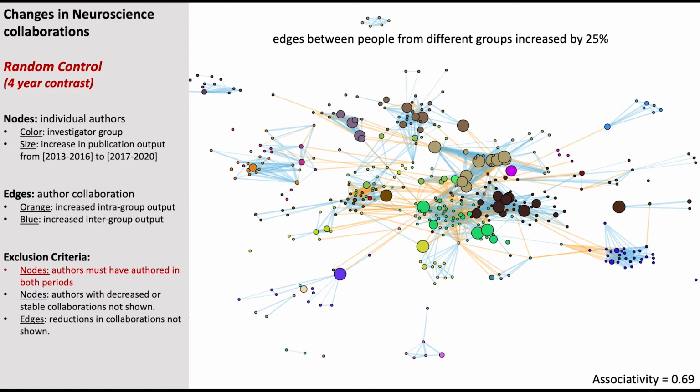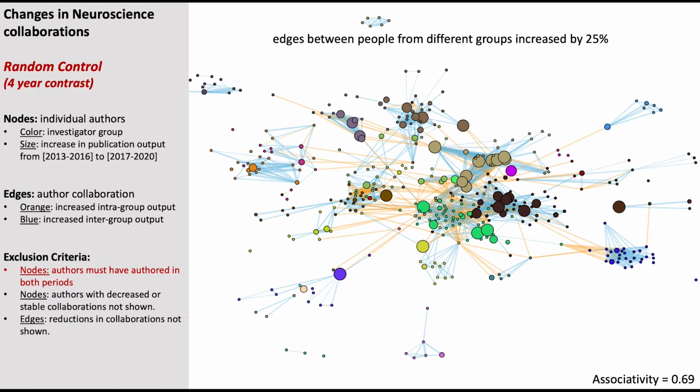The people who did not receive the grant to help them collaborate more still work together across groups, but for the most part, they were working within their own group, right? The blues are sort of clustered together. The oranges are clustered together. Each of these colors are clustered on their own, although there are edges across them.